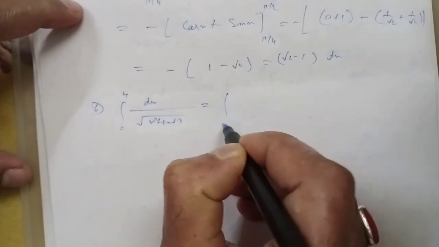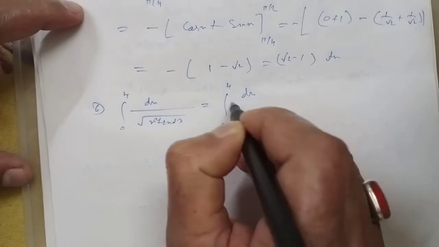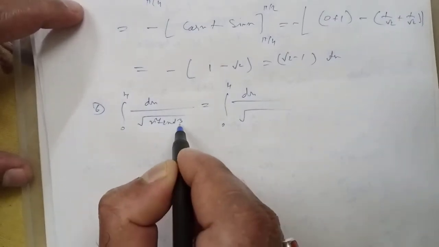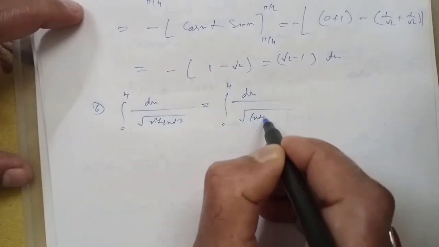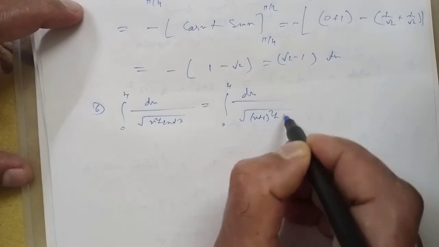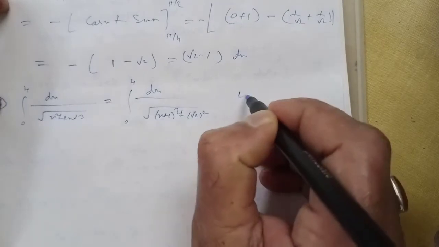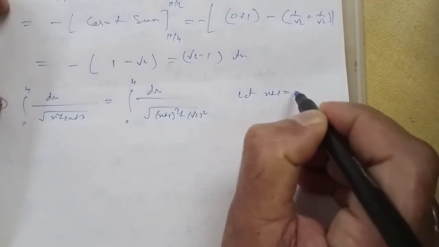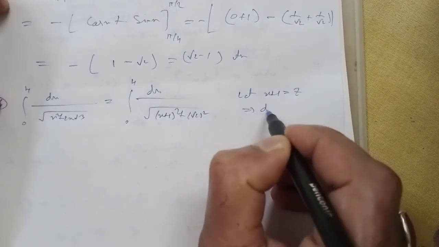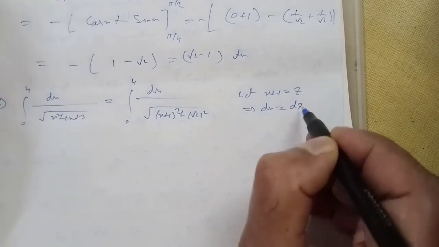So we have to proceed in this way. If we take 1 from this, we get x plus 1 whole square plus 2, that is root 2 whole square. Now let us substitute. Let x plus 1 equal z. That implies dx equals dz.